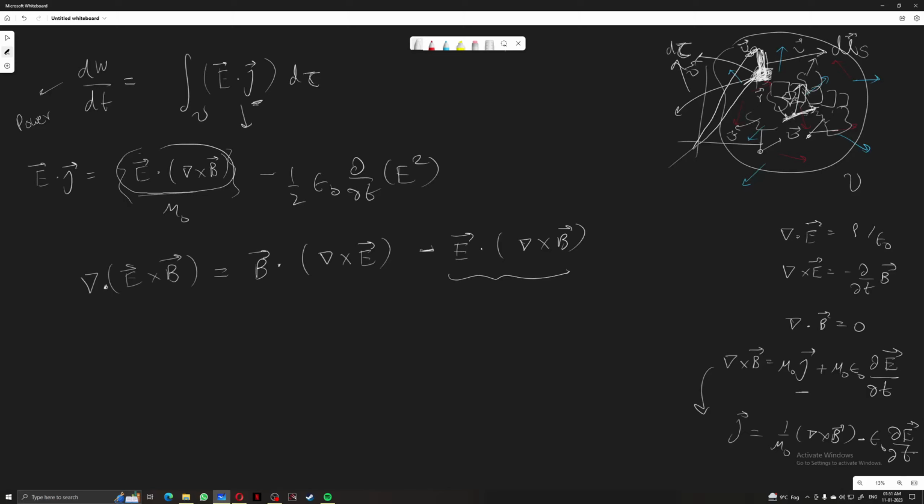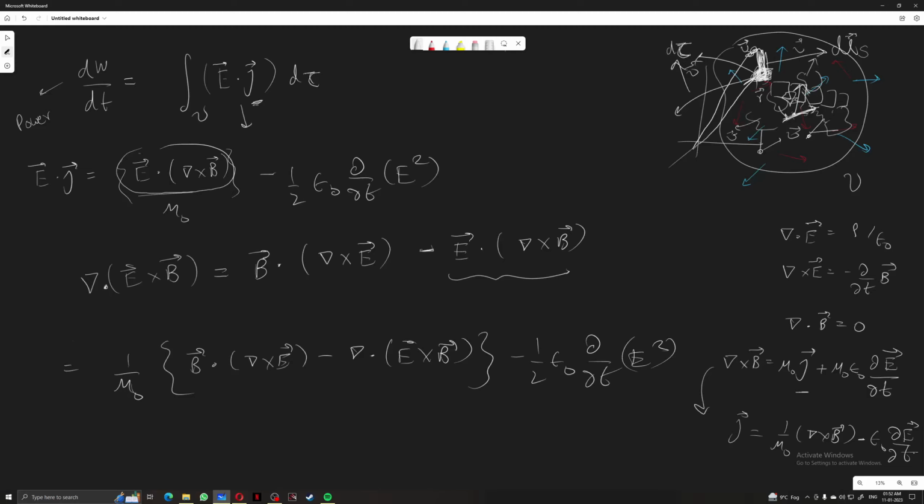So I can rewrite this equation and rewrite this E dot curl of B as, so I have a 1 over mu naught, and then I have B dotted with curl of E minus divergence of E cross B. This whole thing is multiplied with 1 over mu naught. Then I have half epsilon naught partial by partial t of E square.